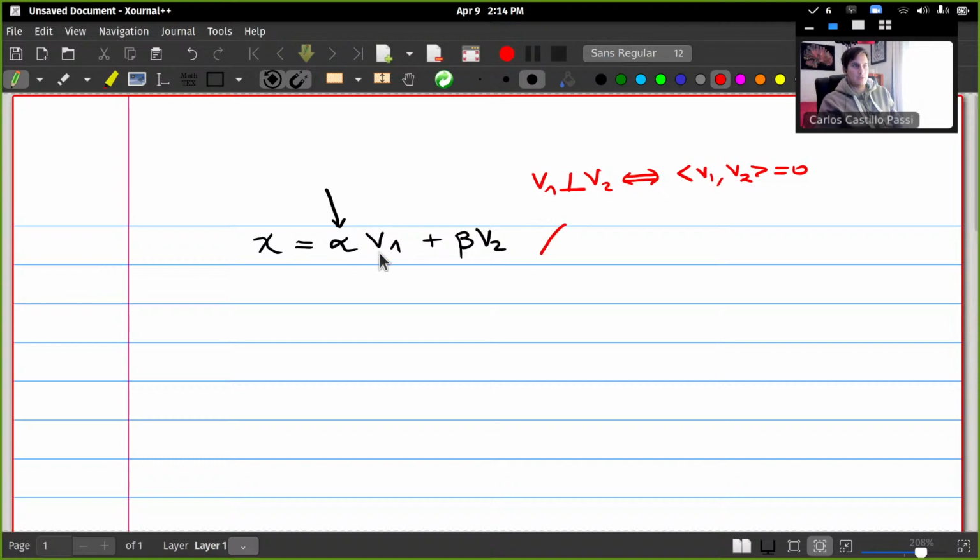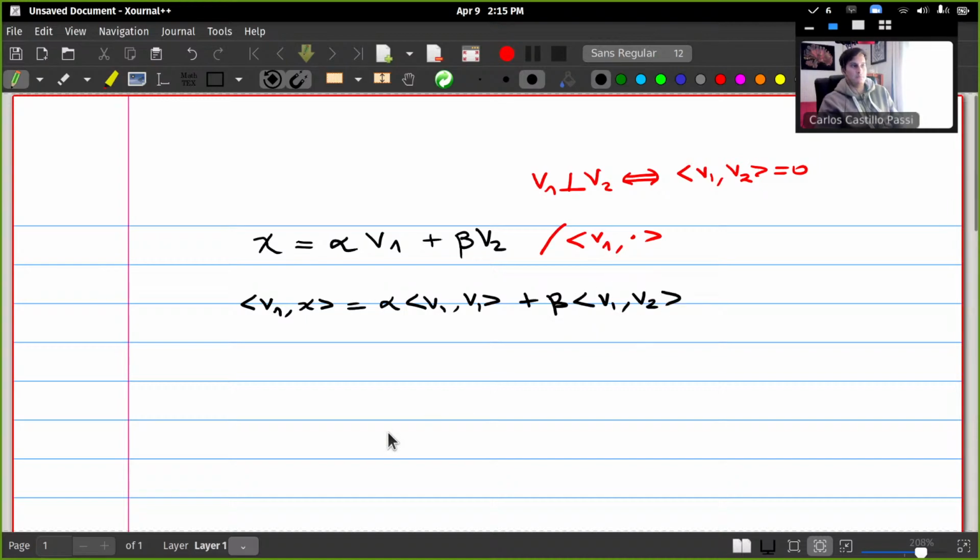That means that, for example, if I want to get this v1 coefficient, I need to do the inner product of this whole expression with v1. Let me delete this arrow. After doing this, on the left hand side, you have the inner product of v1 and x. Here you have alpha times the inner product of v1 with itself, plus beta times the inner product of v1 and v2.